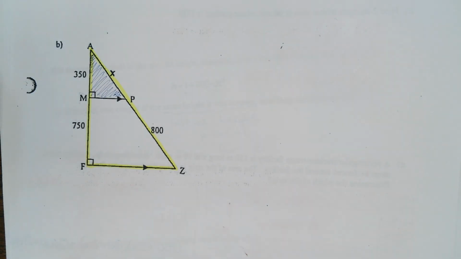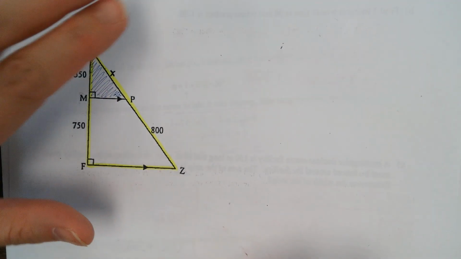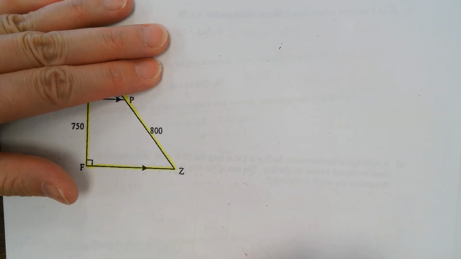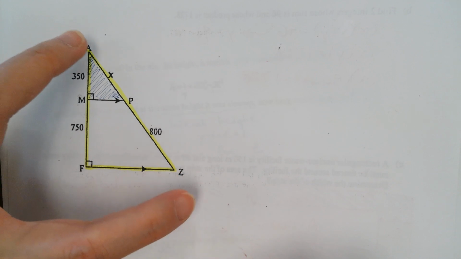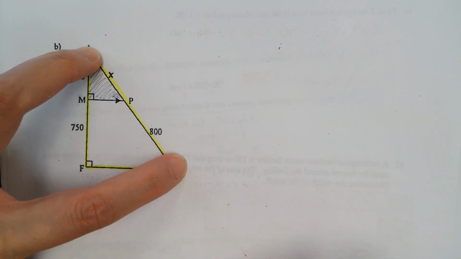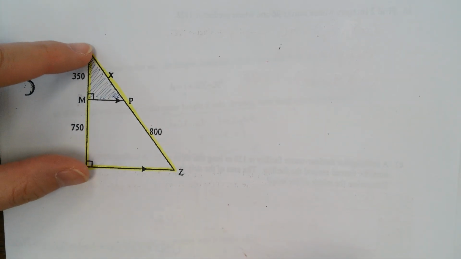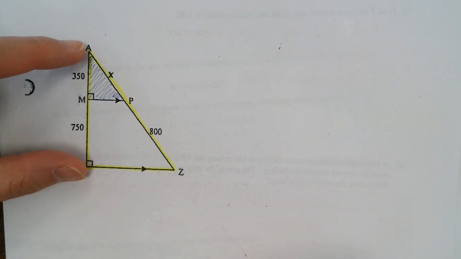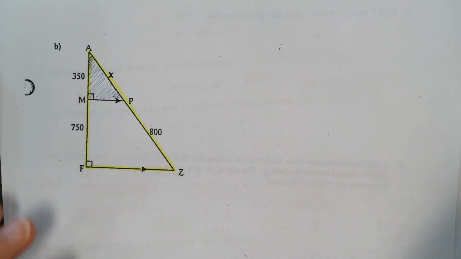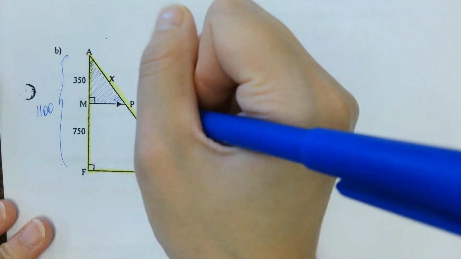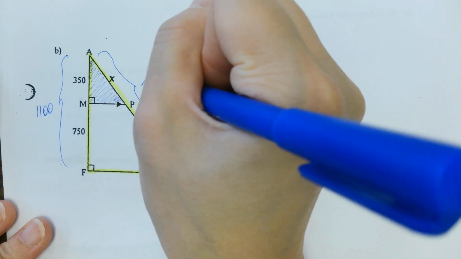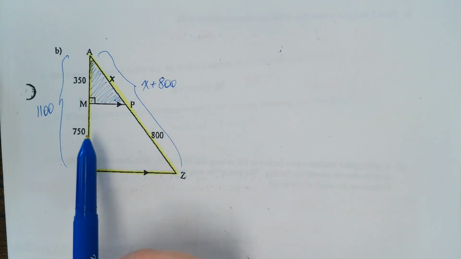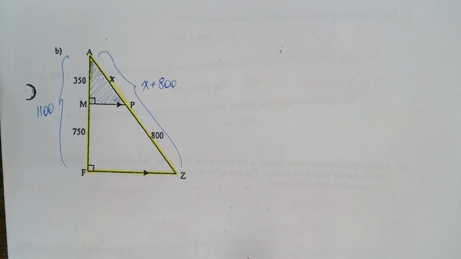Which means it's not 800. If I use 800, it means it's a trapezoid. It's not a triangle. The length of this side is x plus 800. And the length of this side is 1100. Okay, so this side right here, 1100, and this side right here is x plus 800. So don't just use that 750. Don't just use that 800.